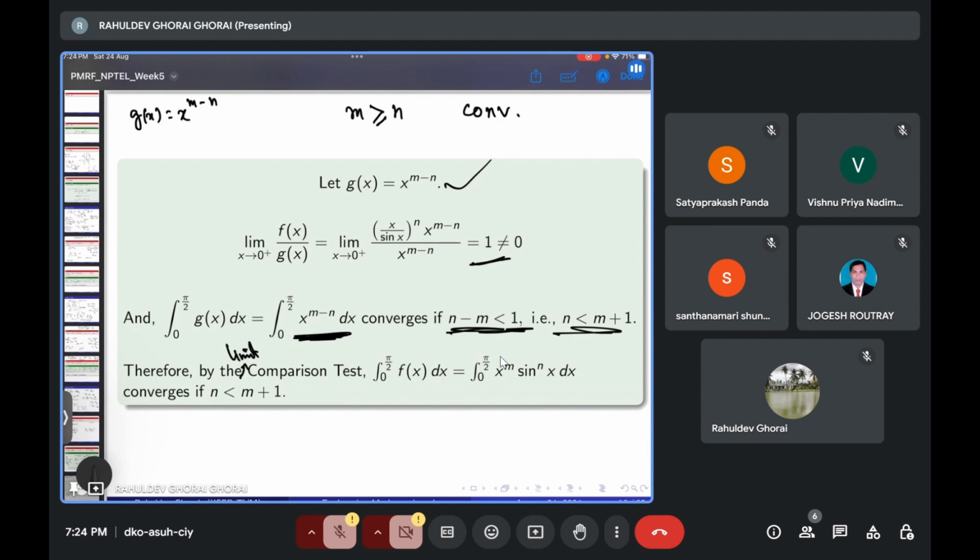So the total integration will also converge if n is less than m plus 1. That is, the integral of x to the power m over sine to the power n x dx converges if n is less than m plus 1.